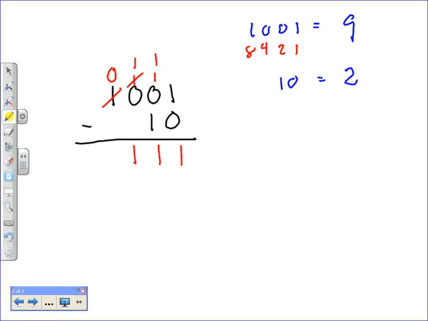So 9 minus 2 gives us 7. So let's just double check to make sure our answer that we found before was 7. And again, this would have been the ones column, the twos column, and the fours. So we have a 4, 5, 6, and 7. And since that's what we got, it seems like a pretty good check.